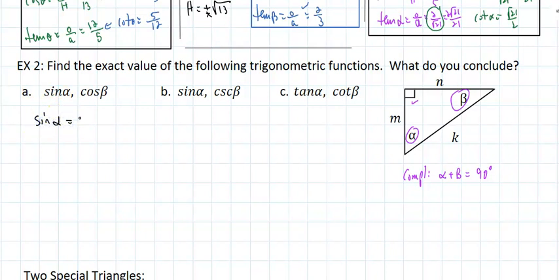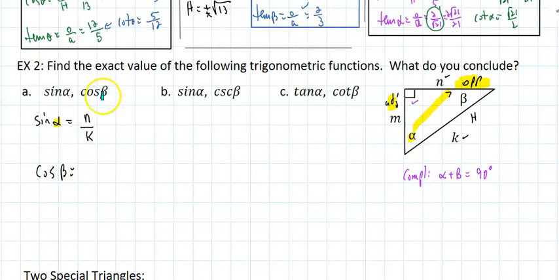Well, you notice that there are letters. There are no numbers. Well, as far as alpha is concerned, if I take alpha into account, that's the opposite. The hypotenuse is fixed, and that's the adjacent. So, sine of alpha would be the opposite over the hypotenuse. That's the letter N over the letter K. And what would be the cosine of beta?